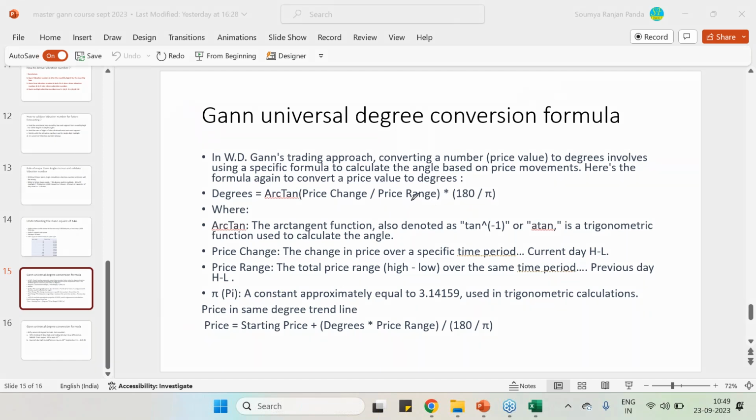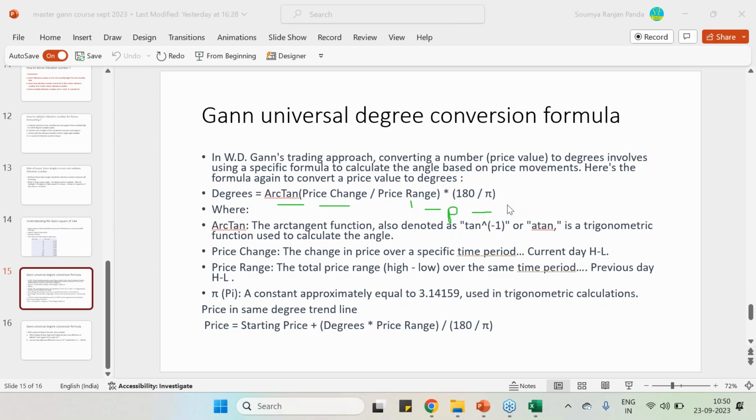So here how this one is: previous month, current month price change, previous day, current day, previous week, current week. So by this process you can divide. So current week price change divided by previous week price change multiplied with 180 divided by pi, and there should be arctan, one arctan function you have to take.